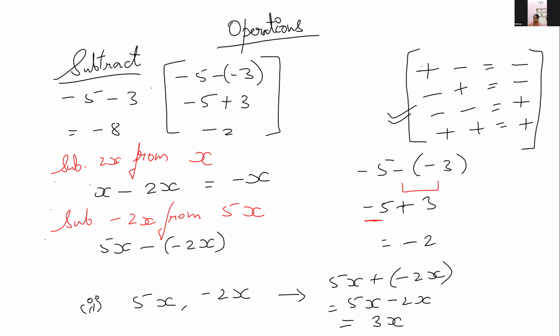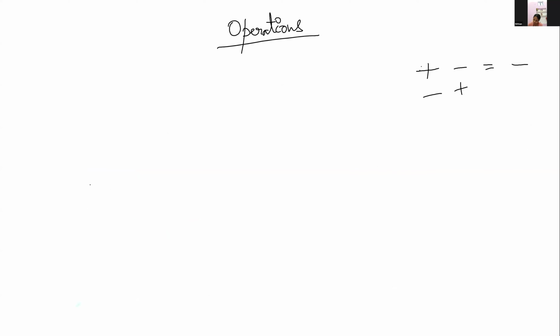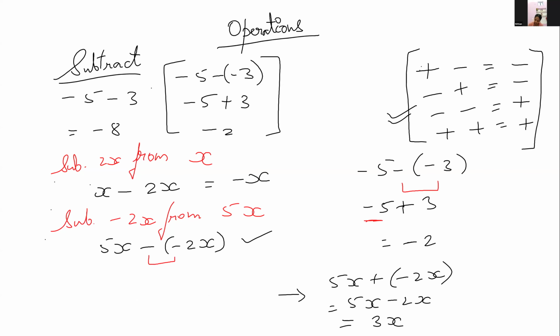Then this one that I was explaining, 5x minus minus 2x. Again, we look at the signs in the middle, minus and minus. We make it plus. So it becomes 5x plus 2x.